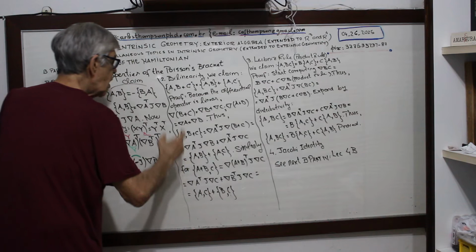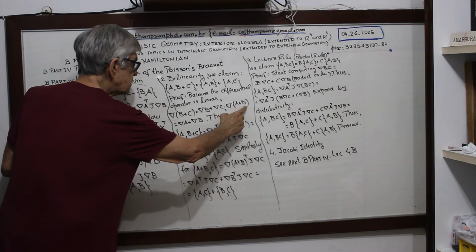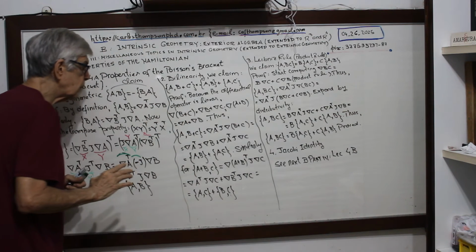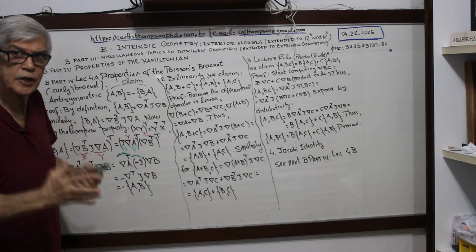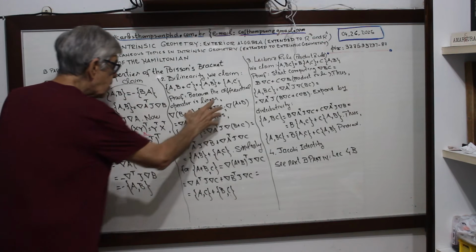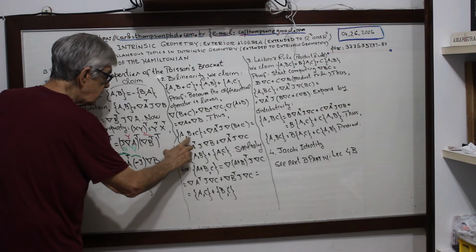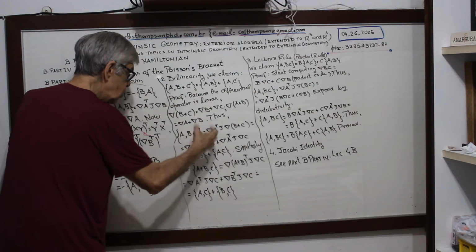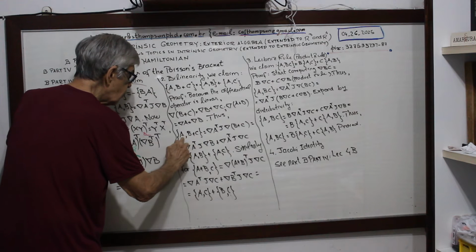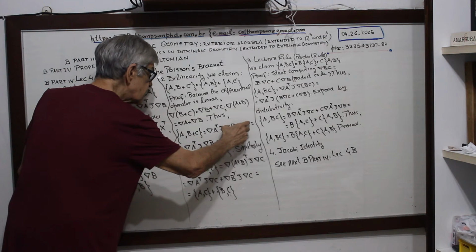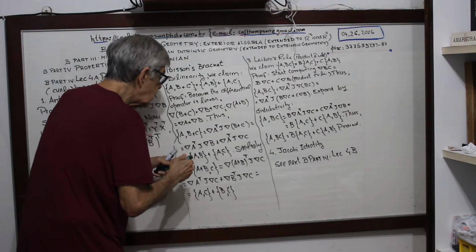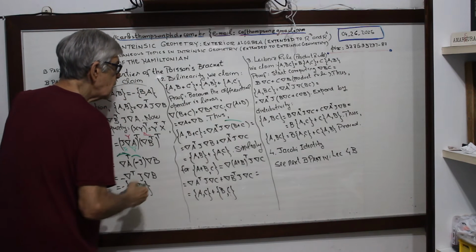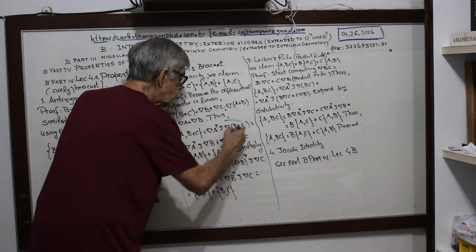Now, the gradient of A plus B is equal to the gradient of A plus the gradient of B, since the operator is linear. Now let's apply this over here. This is A, this is B plus C. So there's the gradient of A transpose, J, gradient of B plus C. I will expand this using the linearity of the differential operator.